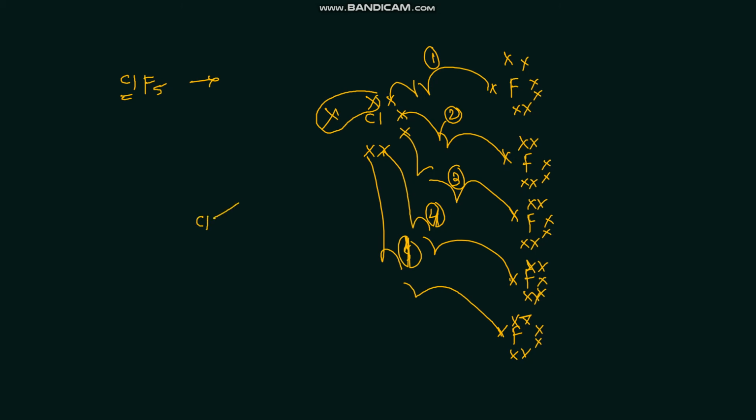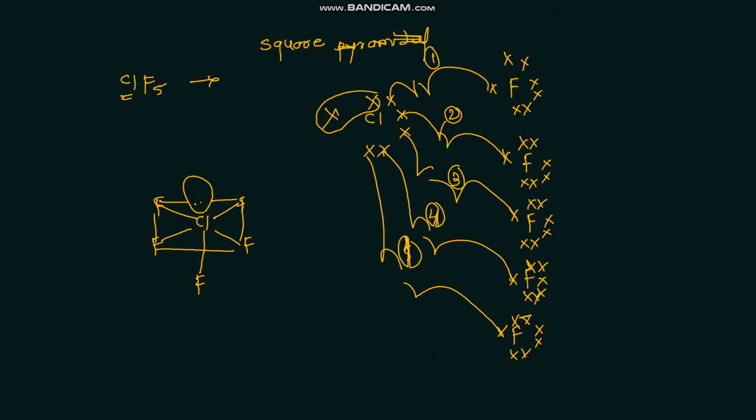Here we write fluorine at equatorial position, lone pair at axial position, because the shape of the compound is square pyramidal. Why is the shape square pyramidal? The 4 fluorines at equatorial are called square pyramidal.